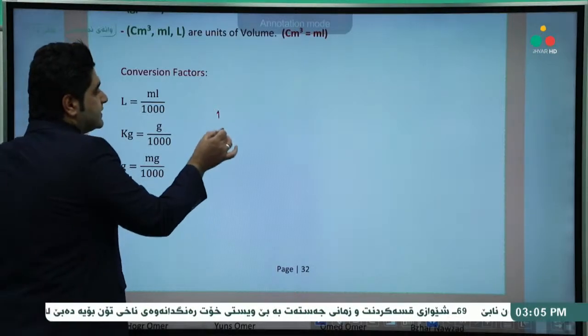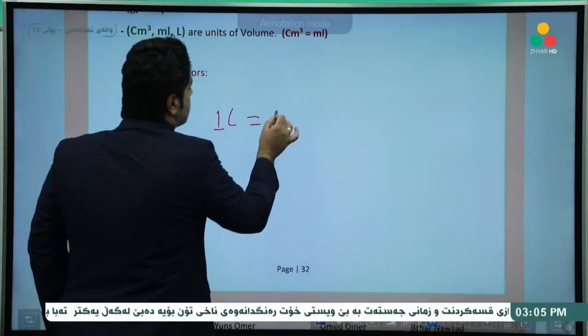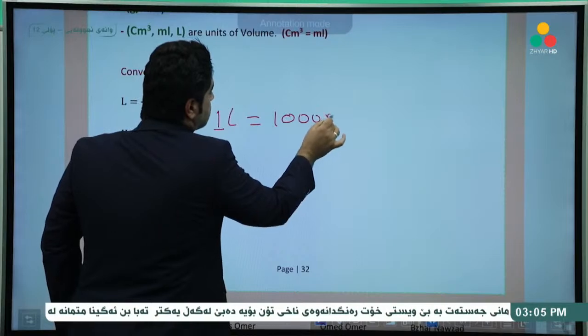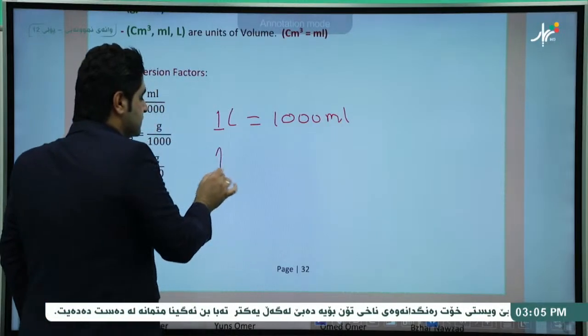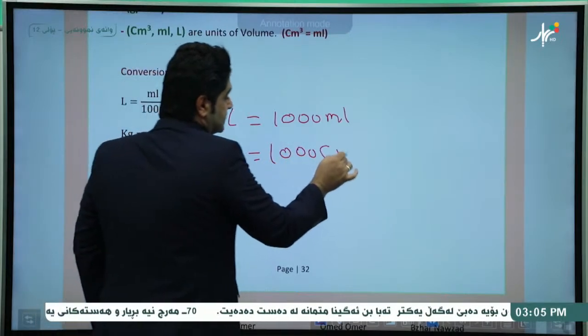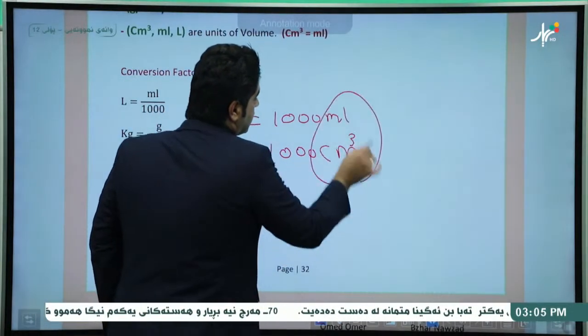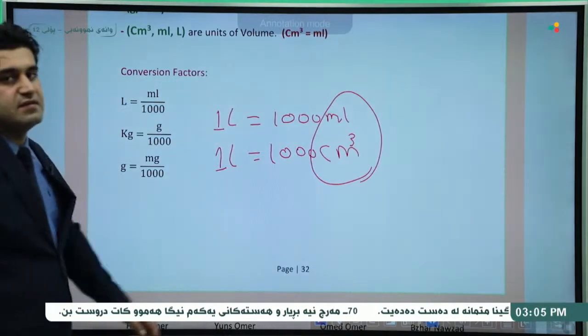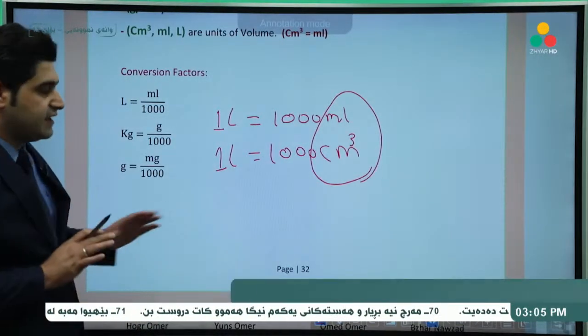We know that 1 liter is equal to 1,000 milliliter, of course. So it will be 1 liter is equal to 1,000 centimeter cubed because both have the same value, they are equal.